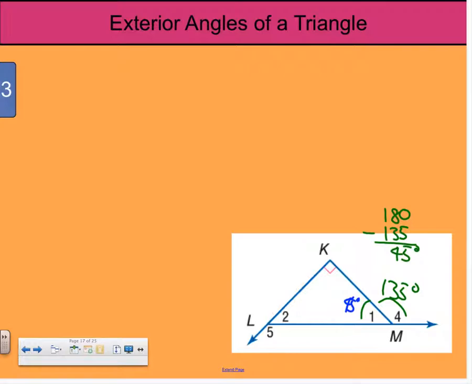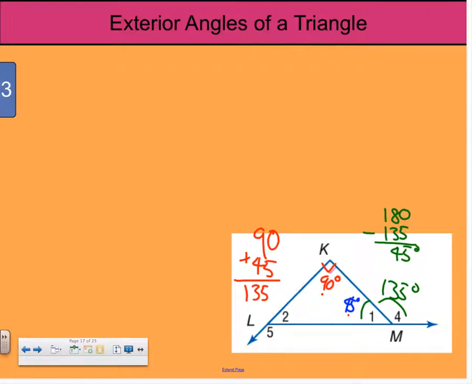Now I know two of my angles, and some of you might say, well, no, I only see one. Well, this little red box in the corner, as you all know, is an indication of a right angle, which is 90 degrees. So now I know two angles: a 45-degree angle here and a 90-degree angle here. If I add those two together, 90 plus 45, I get 135.